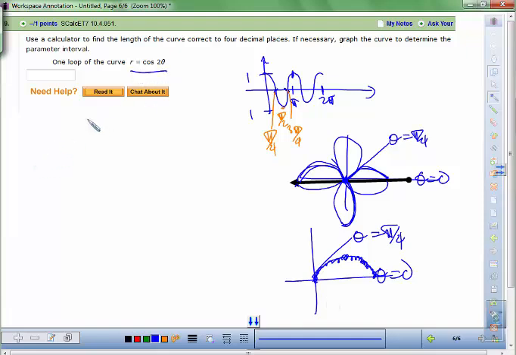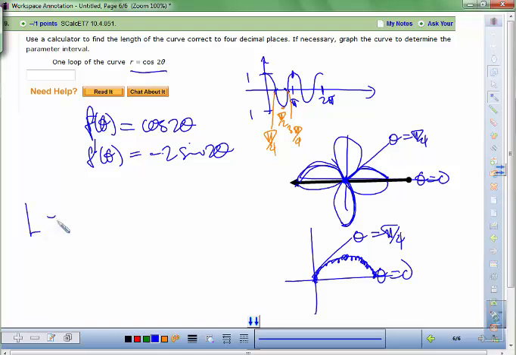So we have our r, which we would call f of theta, cosine 2 theta. We need the derivative, which is negative 2 sine 2 theta. And then we punch it into the formula. We're going to double it.